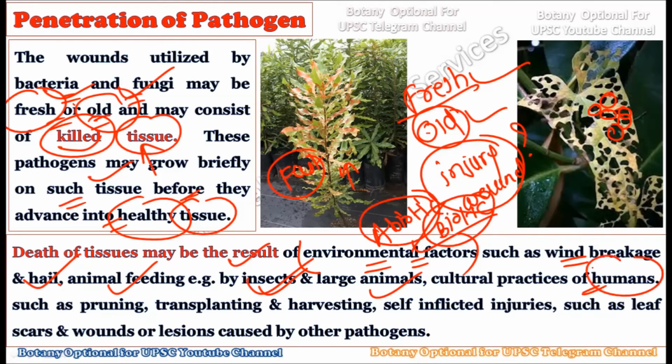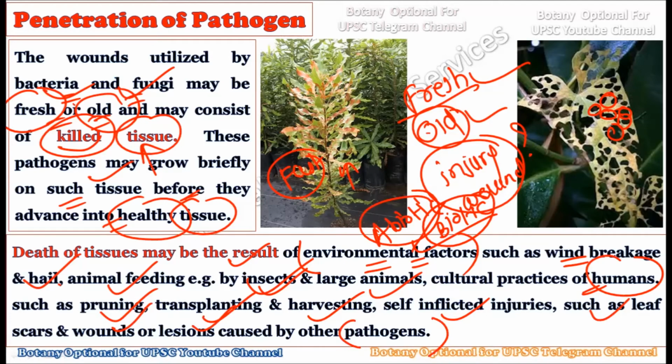Now cultural practices of humans also cut open the plant, such as pruning, then transplanting, then harvesting. So self-inflicted injuries are also there. So human activities or anthropogenic activities are also responsible for breaking open these plants. Then there are the leaf scars, then the wounds, then the lesions which are caused by other pathogens as well.